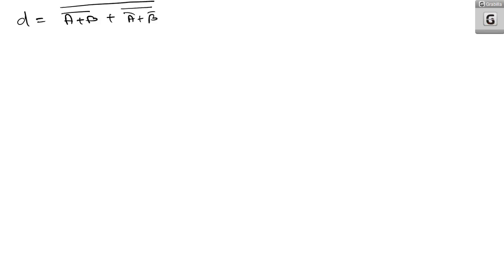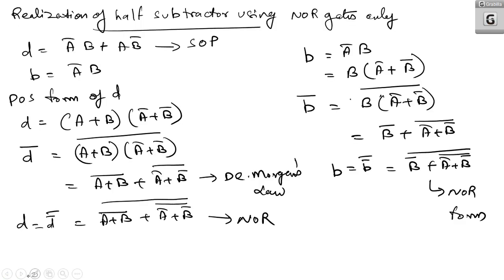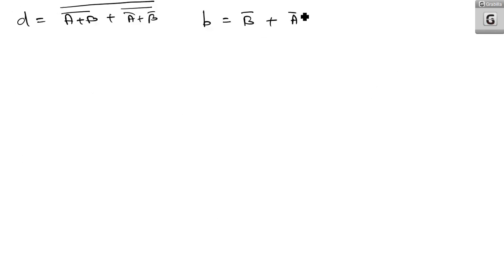And borrow, we can write it as B bar or A bar or B bar, the whole bar. Okay. So both are in NOR forms.